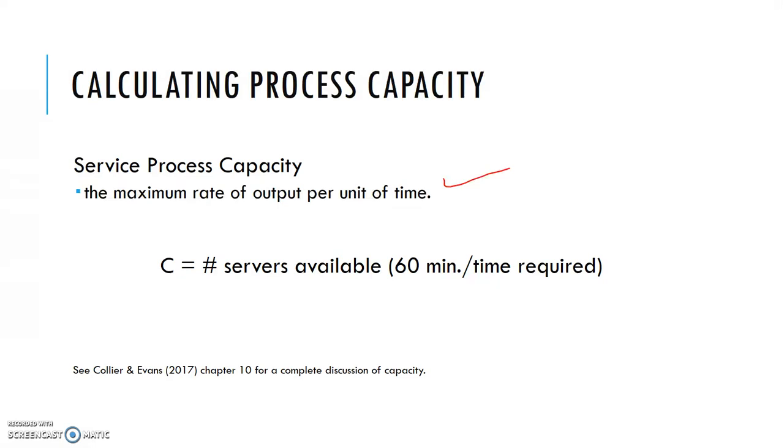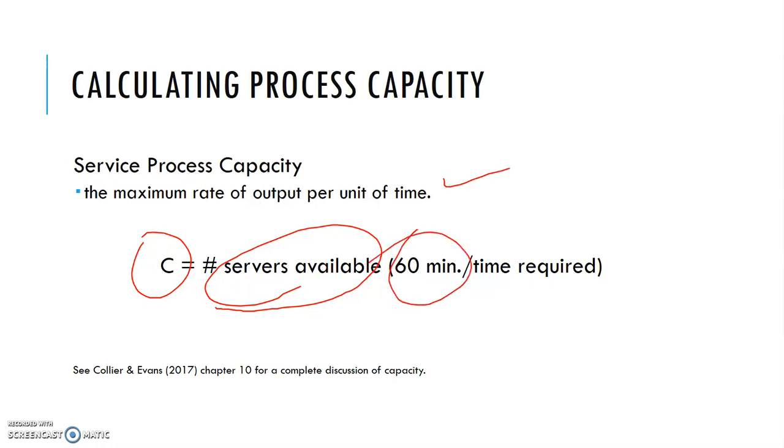So to calculate it, we'd need to know the number of servers that are available for executing the process. And then for this particular case, we're going to standardize around an hour. So how many prescriptions per hour can our process produce? What the maximum rate of output would be.